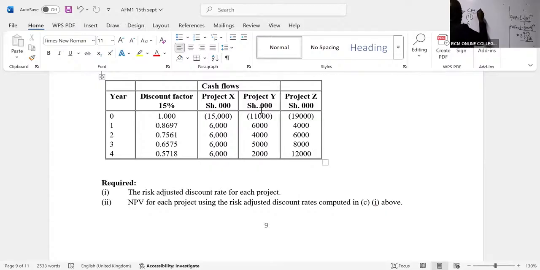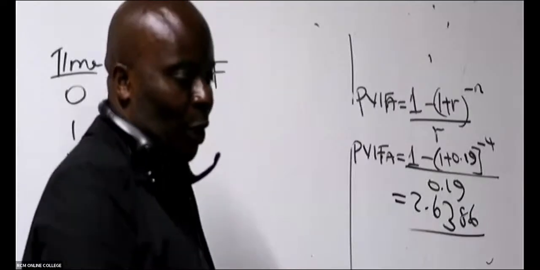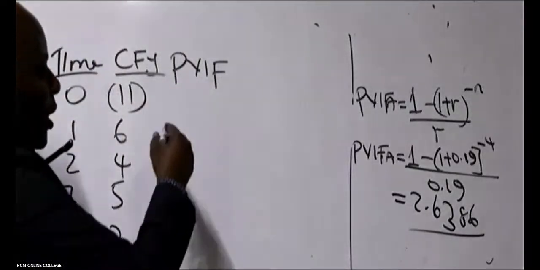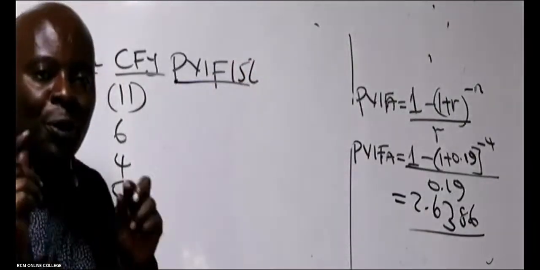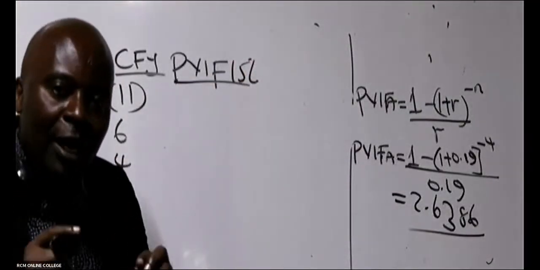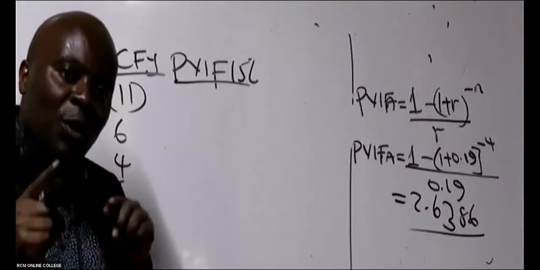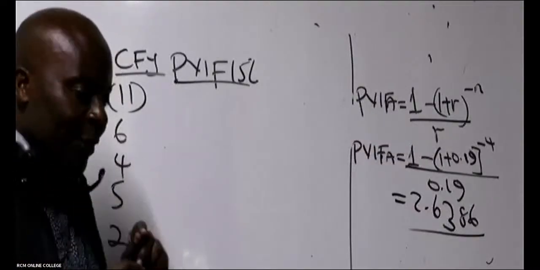Now remember, for this one you can only use PV. Unfortunately, for project Y we know that we are using 15%. So before I start computing the PVs for each year, always go to your table and see whether your table has 15%.